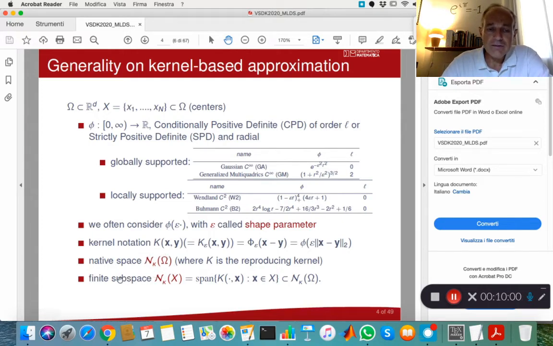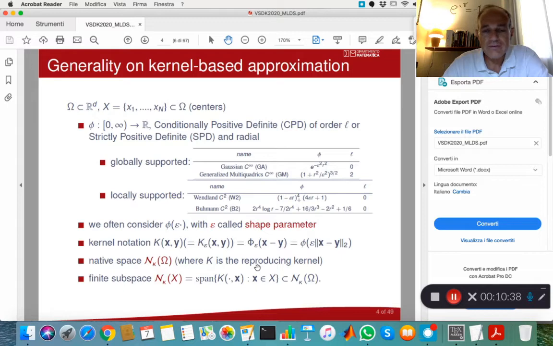And this has a particular subspace that is called the span of the translates, because using the kernel notation is equivalent to using our radial function applied with the 2-norm to the difference of the two vectors. Anyway, using this kernel notation you have a subspace of the native space.